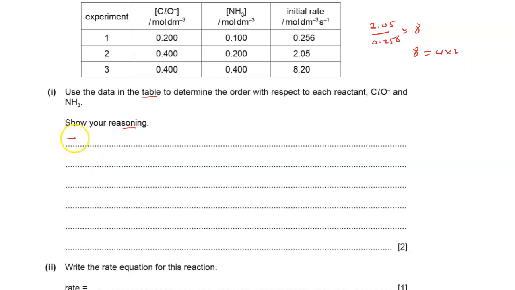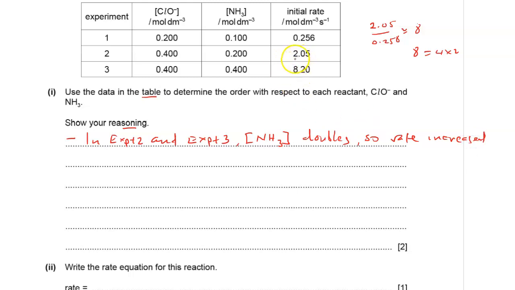So we can show that by writing this. In experiment 2 and experiment 3, you can see the concentration of chlorite ion remains the same. The concentration of ammonium doubles, and so the rate increased by 4, from this to this.